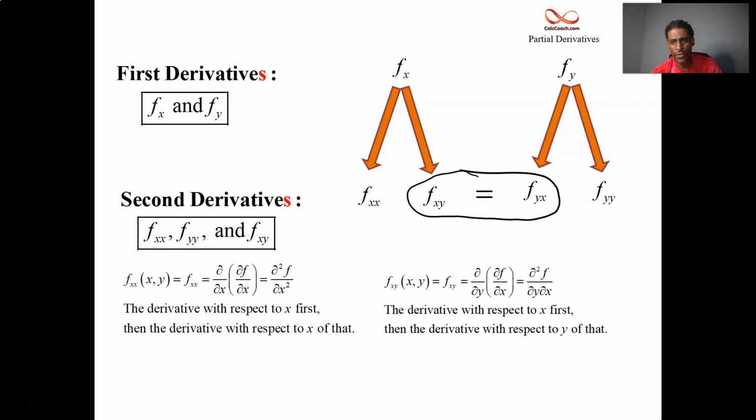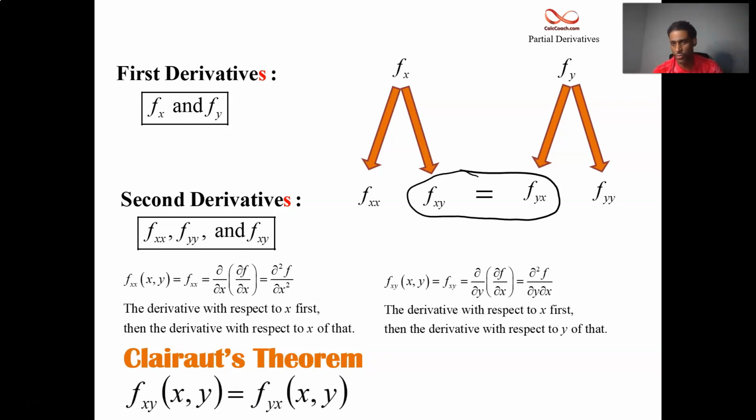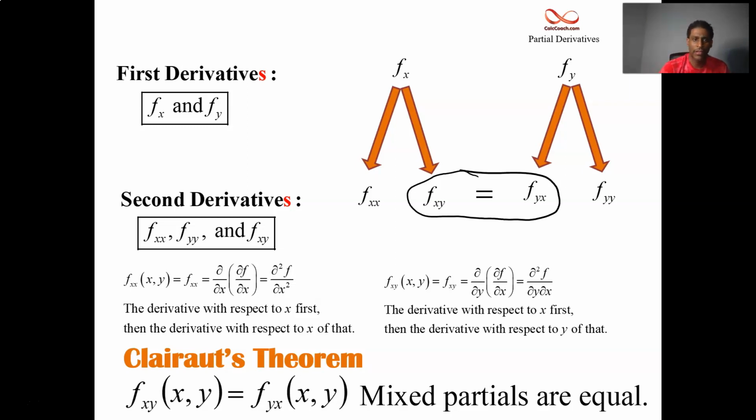It's called Clairaut's theorem, that the x partial first, then the y partial following is the same thing as the y partial followed by the x partial. Mixed partials are equal to each other. So it turns out then that there are three different second derivatives of a multivariable function of two variables. The one I like to normally write is xy, but you can write yx as well.